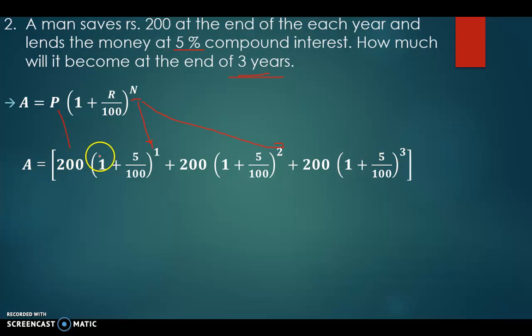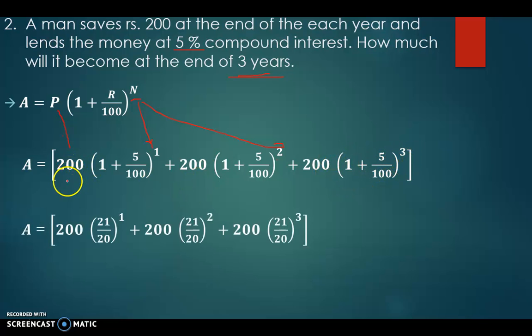So 200 multiply 1 plus 5 upon 100 to the power 1, 200 multiply 1 plus 5 upon 100 to the power 2, and then 200 multiply 1 plus 5 upon 100 to the power 3. Now calculate all this. 5 divided by 100 is 1 upon 20. 20 multiply 1 is 20, and 20 plus 1 is 21, so it is 21 divided by 20.